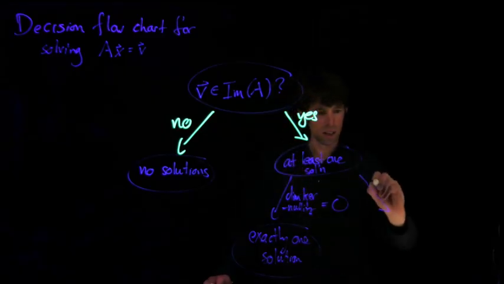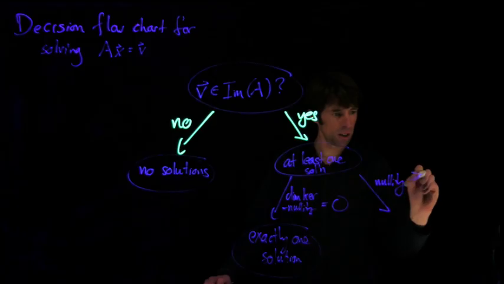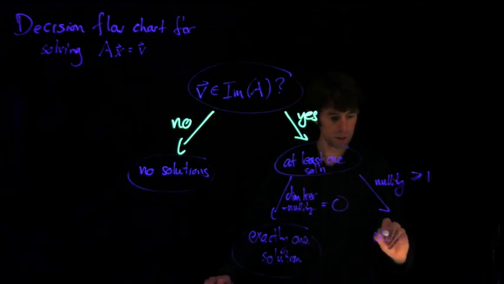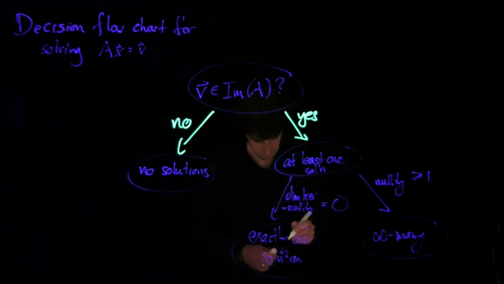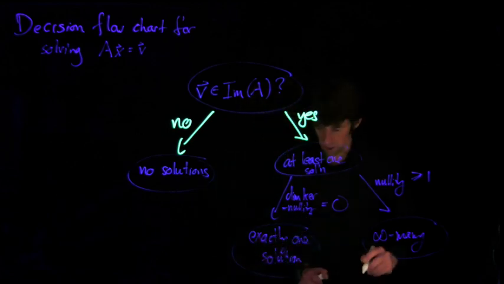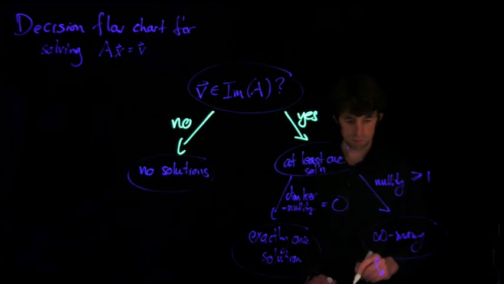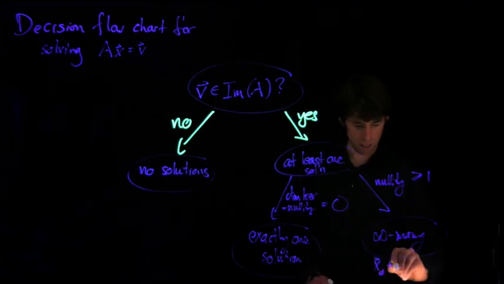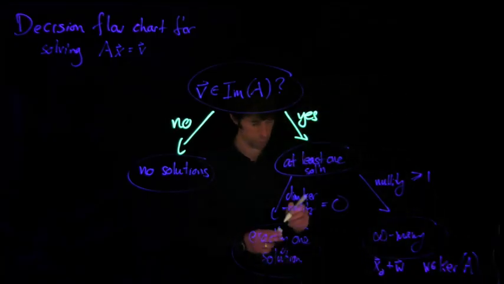On the other hand, if the nullity is greater than or equal to 1, then we have infinitely many solutions. And these solutions are all of the form: find one solution, some x naught, and then add to it some vector w, where w is in the kernel subspace.